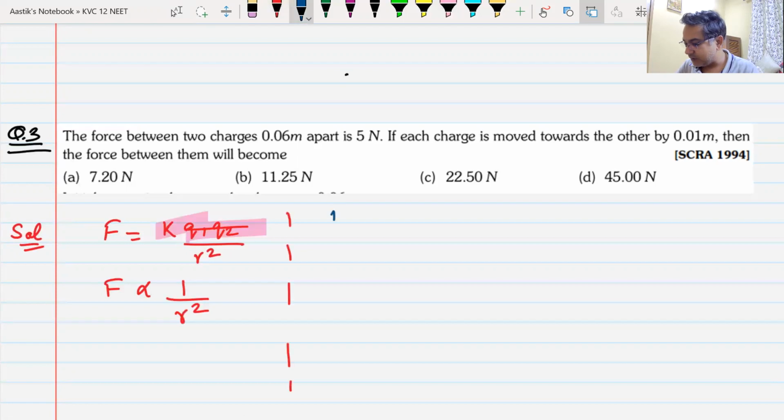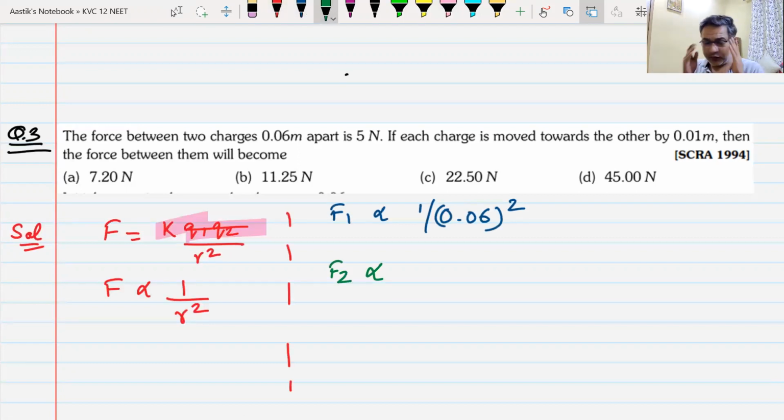In first case, F1 was proportional to 1 by 0.06 square. In second case, F2, both of them have been brought closer by 0.01. So the distance has become 0.04.